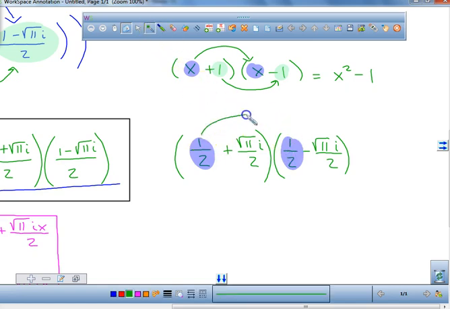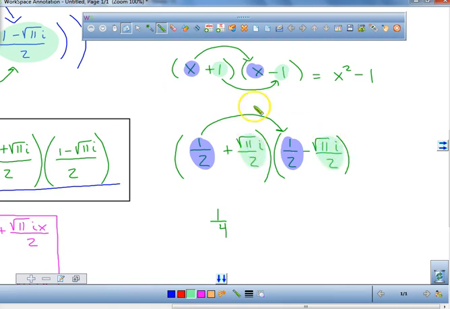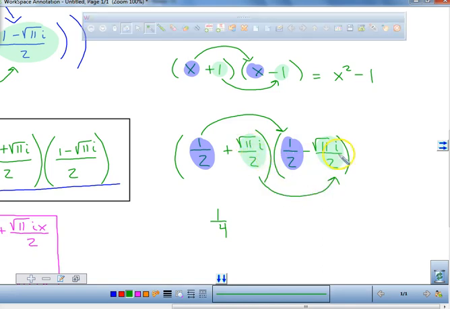So we're going to multiply a half times a half, and a half times a half is 1/4. And we're just going to worry about the final or the last terms being multiplied. And I'm going to multiply a radical 11 times i over 2 times a negative radical 11i. Now here's what's going to happen.